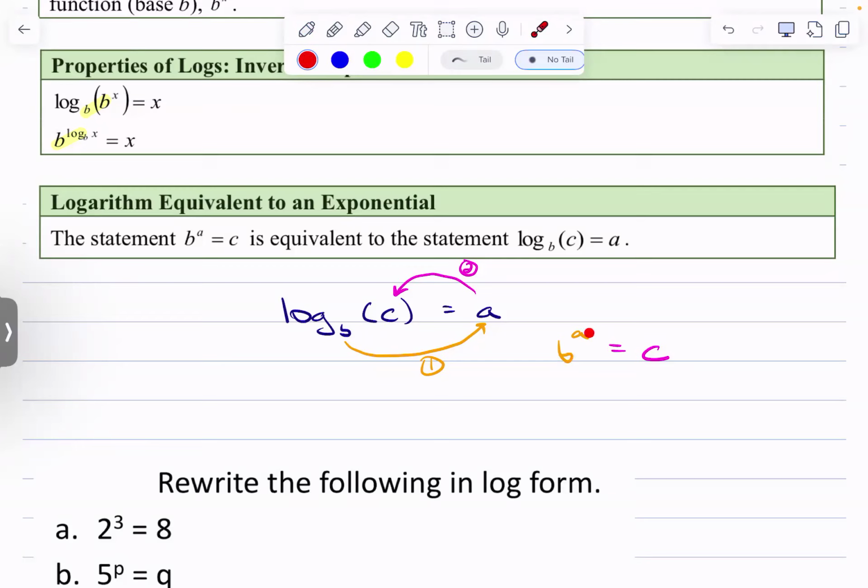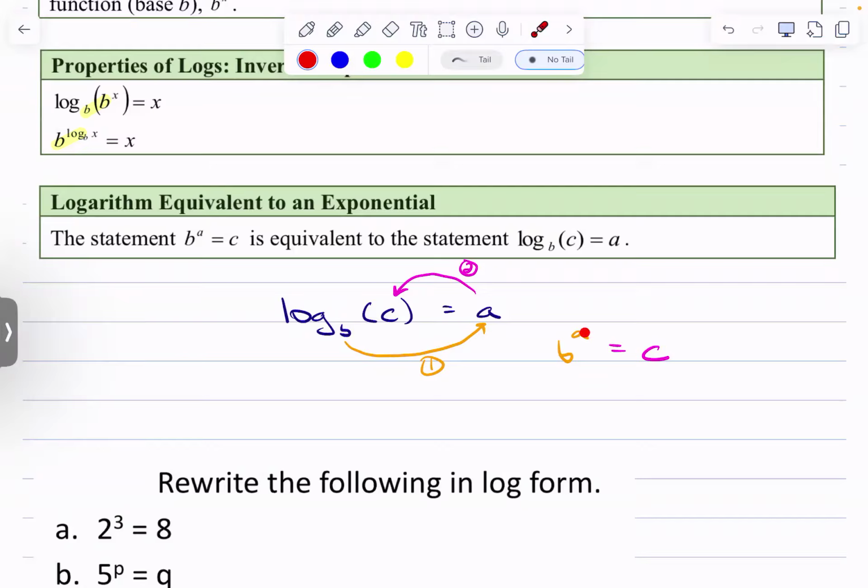So when you see b to the power of a is equal to c, you can rewrite that as a logarithm. The logarithm base b of c is just going to be some number. In fact, it's going to be a. As long as you have this daisy chain under control, then it does take me a little moment to do the reverse, but I know the base of the exponent has to be the same as the base of the log.